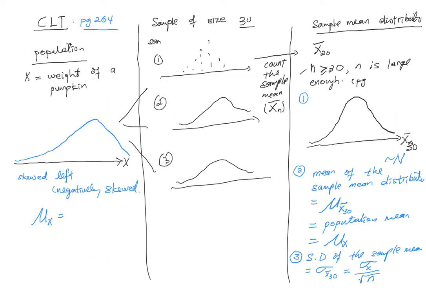So the spread will be smaller for the sample mean. So this is what the CLT is all about. This is a very powerful theorem to let us know the nature of the sampling distribution.